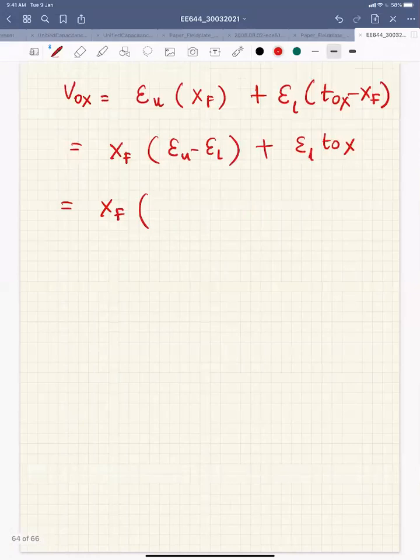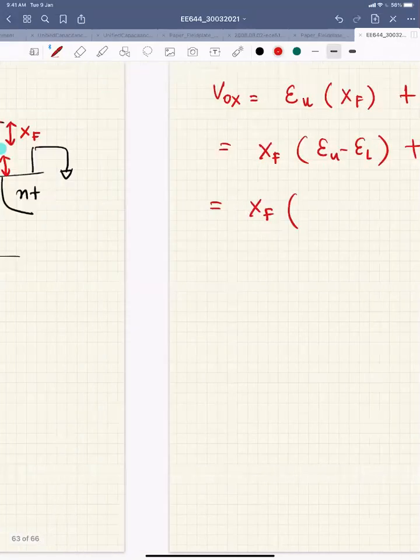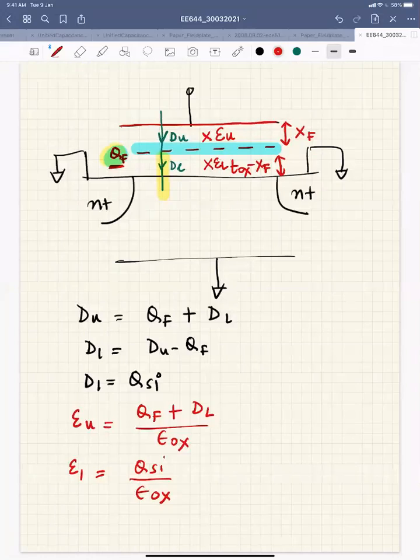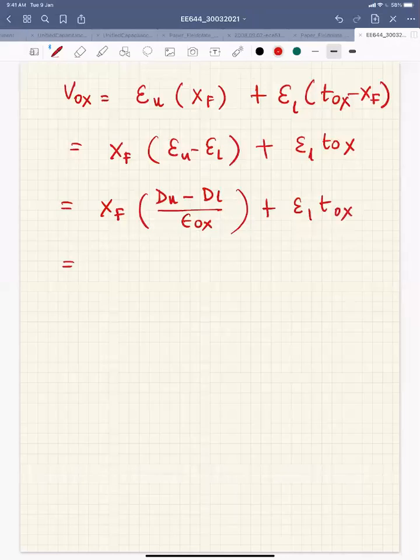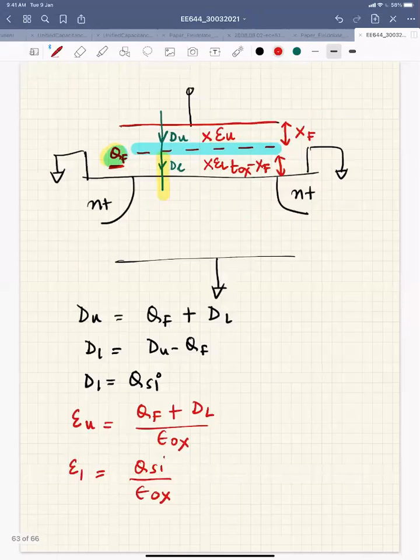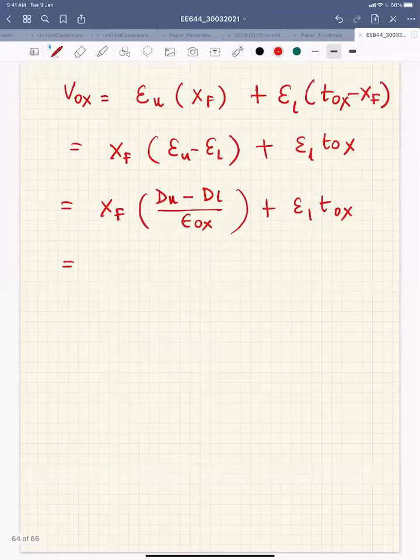So what is EU minus EL? EU minus EL is nothing but (dU minus dL) divided by epsilon ox, and dU minus dL is nothing but QF. So it is XF times QF divided by epsilon ox.